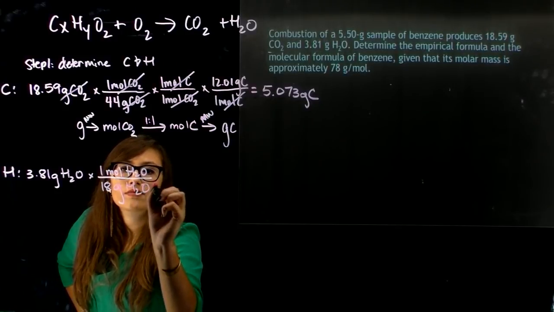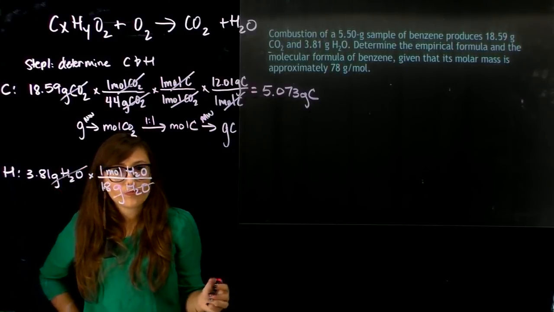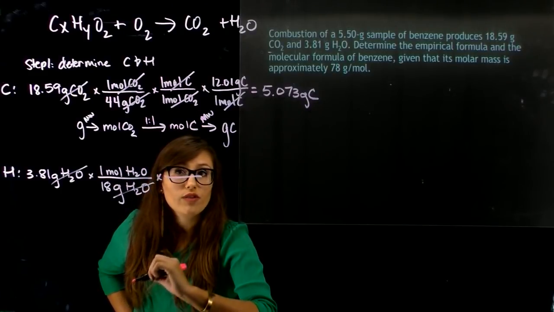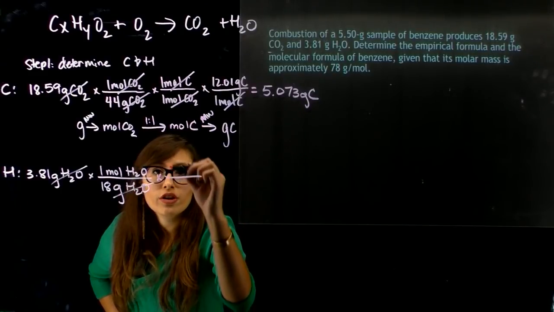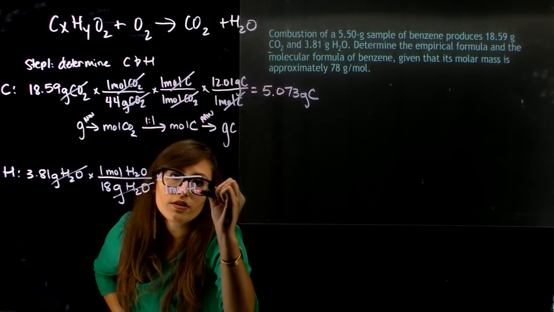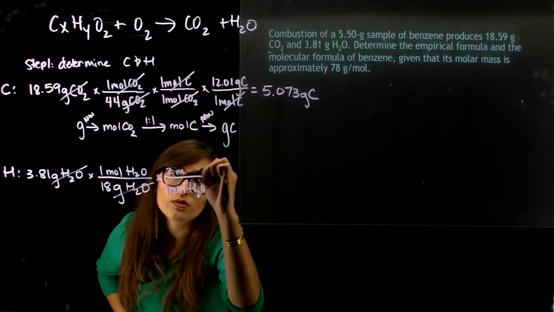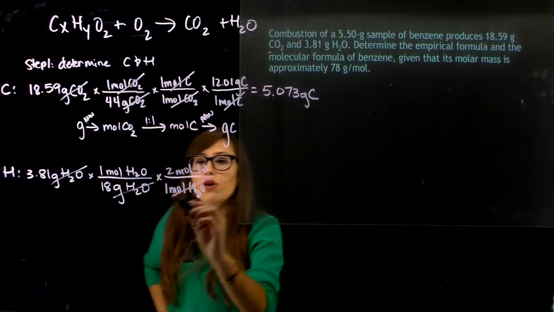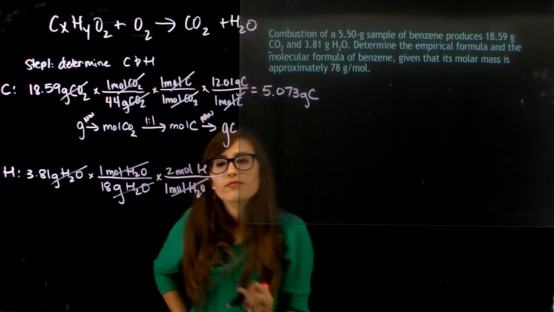Grams cancel out. Now we go from moles of water to moles of hydrogen, and as we said, for every 1 mole of water we have 2 moles of hydrogen. Moles cancel out.